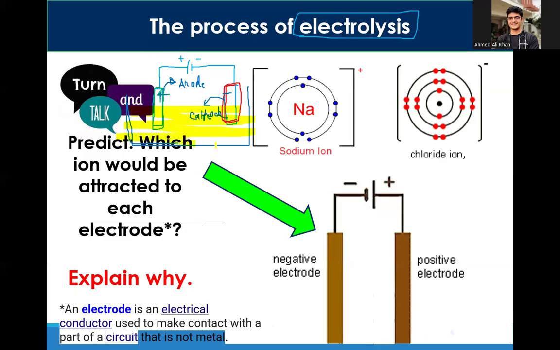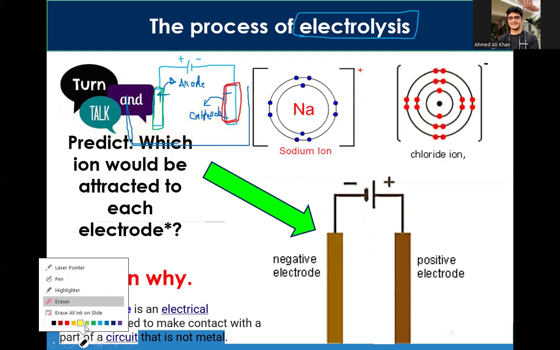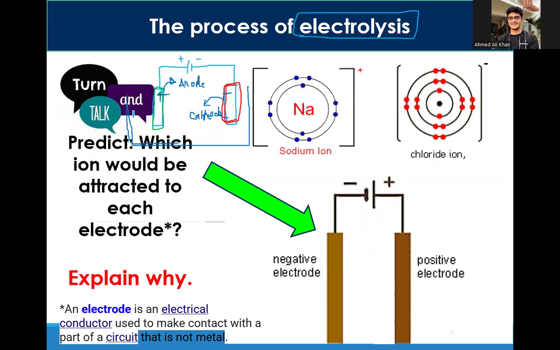Let's just say we have the sodium chloride solution, our trusty old favorite. So we fill this up with sodium chloride solution, or brine solution, right? When we submerge this whole apparatus into this container, this makes an electrochemical cell.